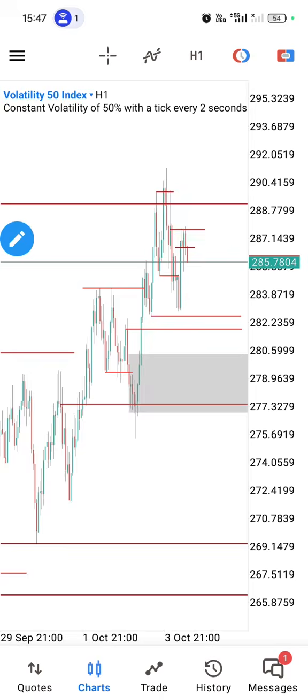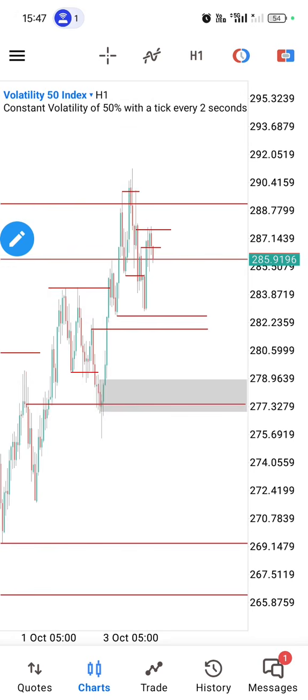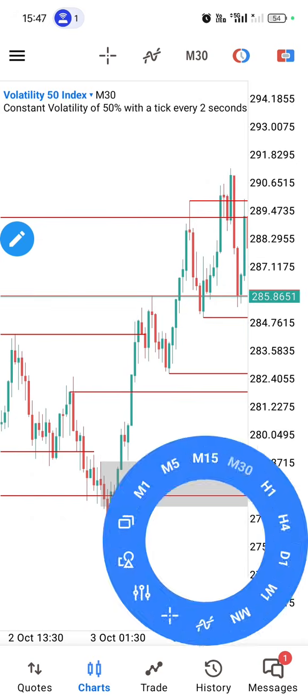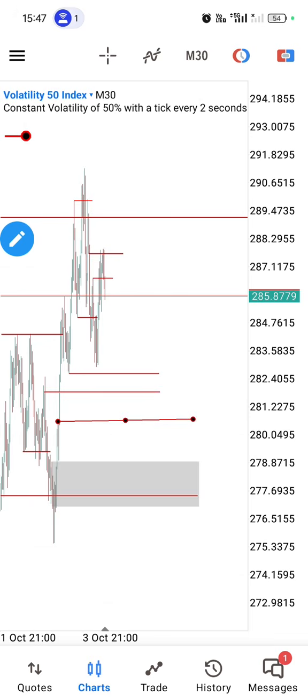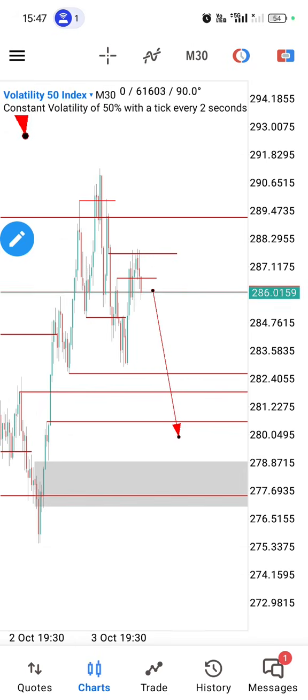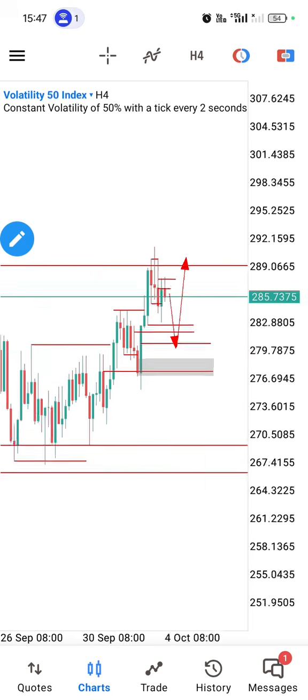Like I said in the beginning of this setup, it has to shoot up so it can respect the 4 hour or the 1 hour order block. Whatever it respects, it has to continue moving up. But for now, I was in a counter trend, because I was trading down, but I don't think I was willing to buy it, because I had my suspicion.